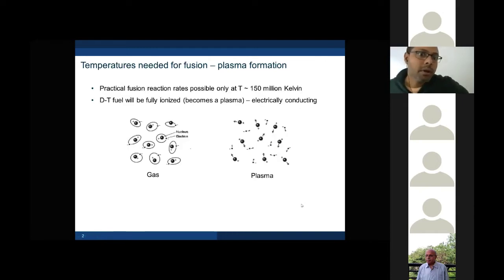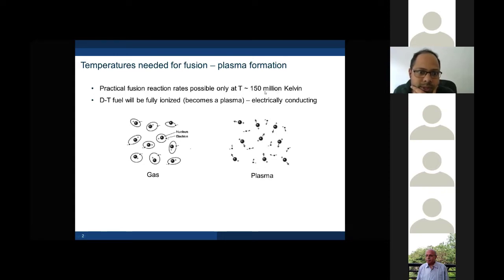Now, in order to get energies of the order of what we need in a power plant, we must ensure that an enormous number of reactions happen at any given time. This is only possible at very high temperatures, which means a very large amount of collisions happening.